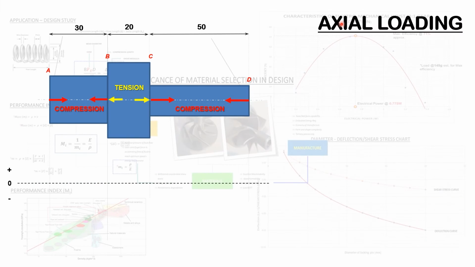It's about deducing what the internal loading is for each section of the bar. We can now use the graphic technique in determining what the measure of the forces are in each section of the bar. So as demonstrated, at section A, there is a tensile force of 10 kilonewtons, thus there will be a compression force acting to counteract that force to ensure that that section of the component is in equilibrium.